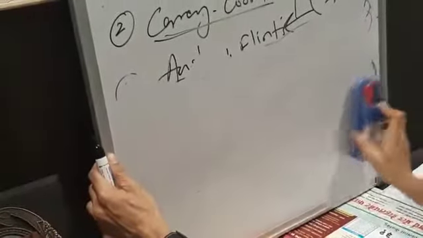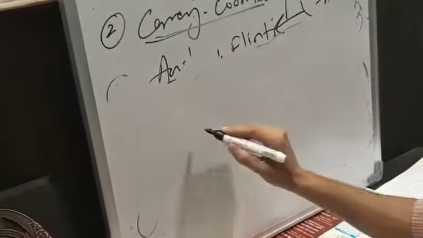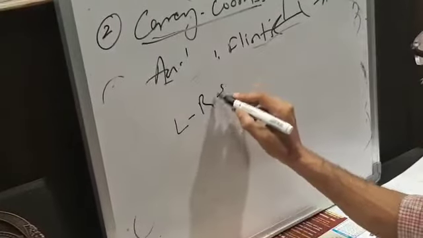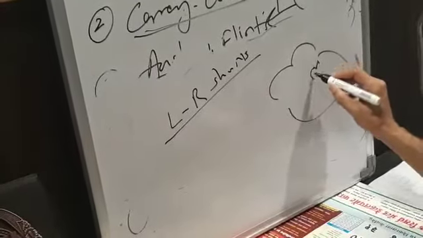Another cause of mid-diastolic murmur at apex you can hear in left to right shunts. Again the same phenomenon here.